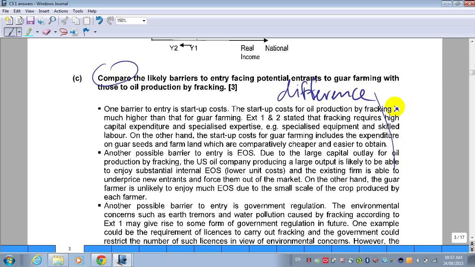To me, it's pretty obvious that there are more barriers to entry for companies that are interested in fracking, definitely higher, because with fracking, we're talking about technology here. We're talking about heavy machinery that is used to get the oil out from the rocks.